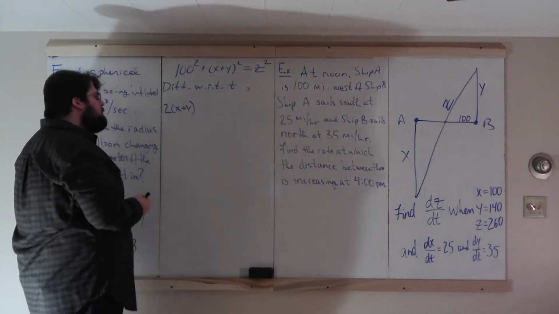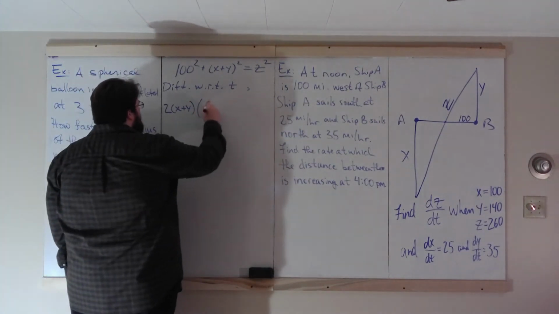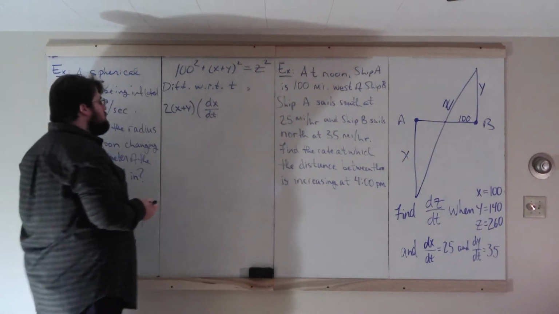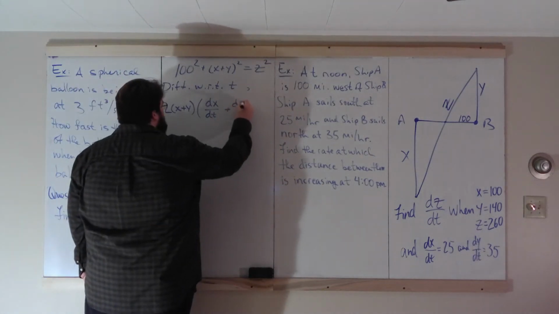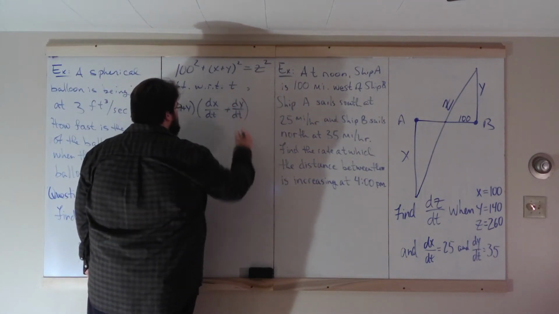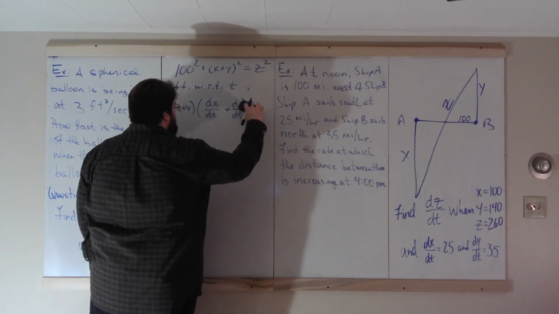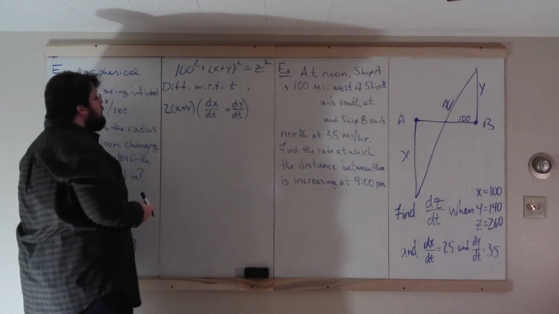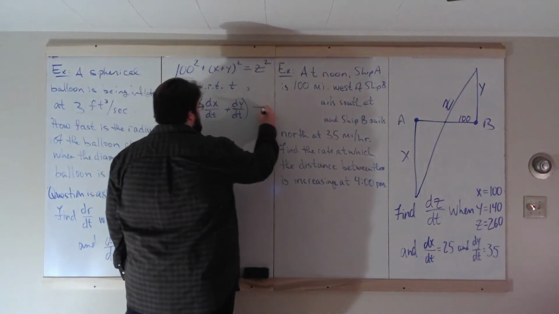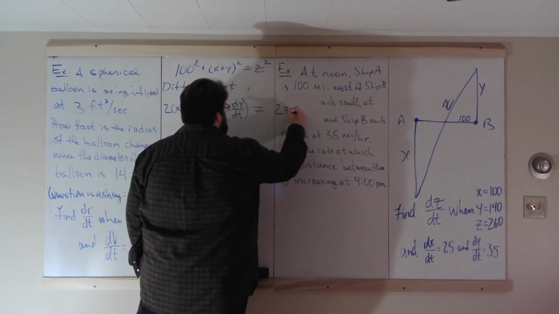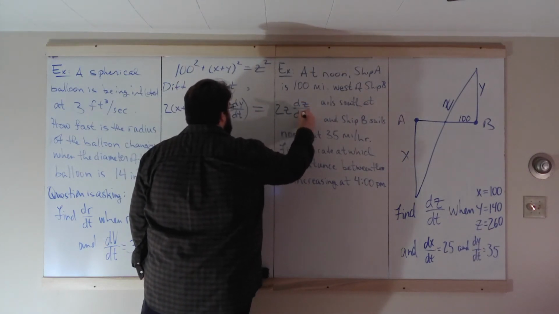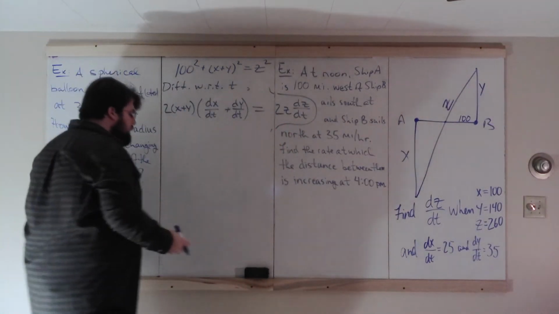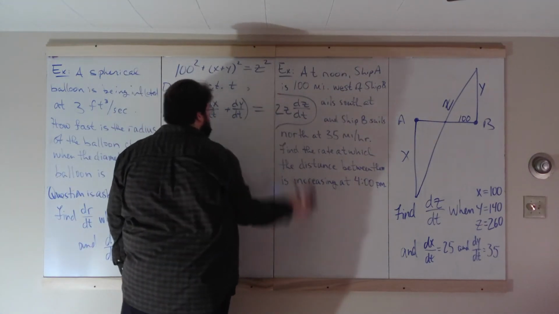Derivative of x plus y, well, you do it one piece at a time. x and y are functions of time. Derivative of x with respect to time is 1 dx/dt. Derivative of y with respect to time is 1 dy/dt. That's a y. I'm going to have to erase a little bit of that, I think. And then on the right side, like in the first one, it's 2z, and then chain rule gives us a dz/dt.